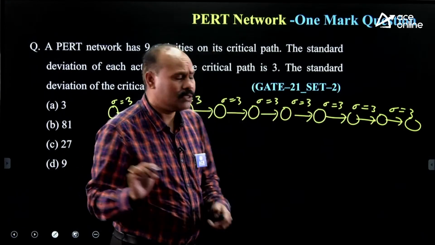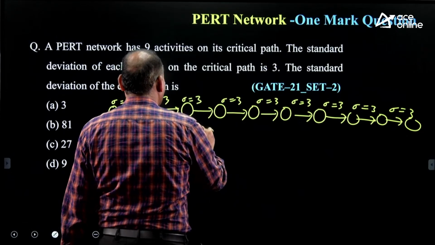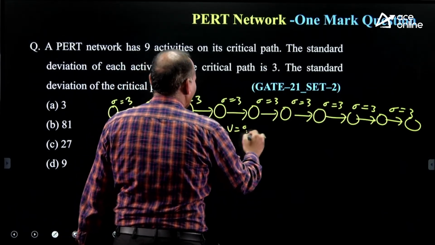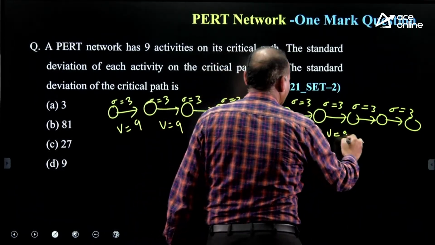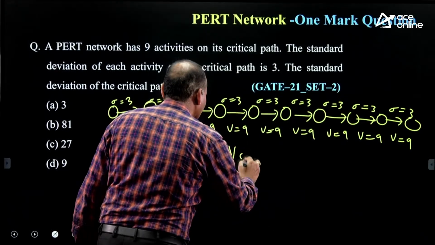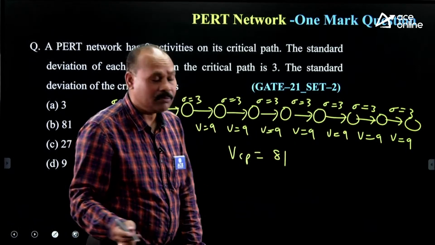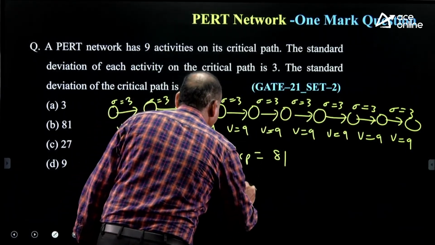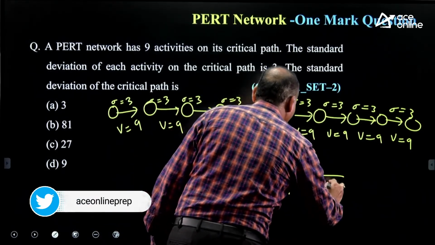Don't add standard deviations. What can we take? Variance we can take. Variance is equal to 9. How many times will you get the variance? 9 times. Just for your understanding, I am giving it like this. So the variance of the critical path is equal to 81, since 9 nines are 81. And sigma CP is equal to the square root of the variance of the critical path, which is the square root of 81.